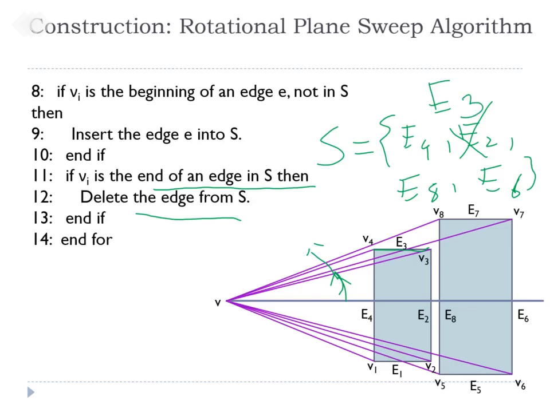So this is what this says, that we will keep on adding and deleting edges in the active edge list, in the sense that those edges which are obstructing the line of sight or are intersecting with the line of sight, they will be added, and those which are not going to intersect or overlap with the line of sight in future will be removed from the active edge list.